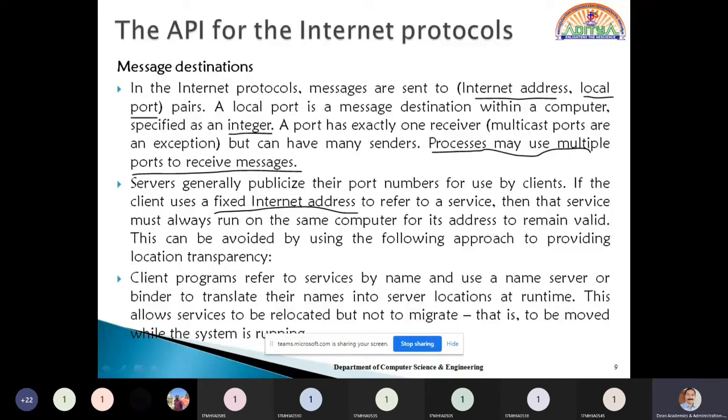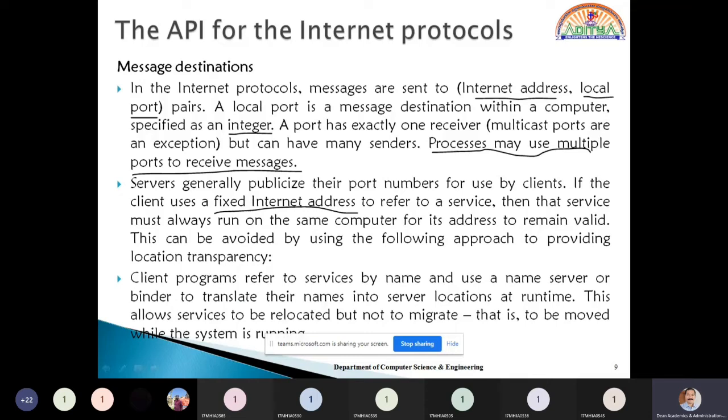Let us assume that a particular server computer is there with which you want to communicate. Each port on the server computer should be given a particular address or value, and only that particular service should run on that address, so that the address becomes valid. Then, whenever you want to communicate with that port of the server, that internet address should refer to the particular service of the port, so that we can access or communicate with that particular port.